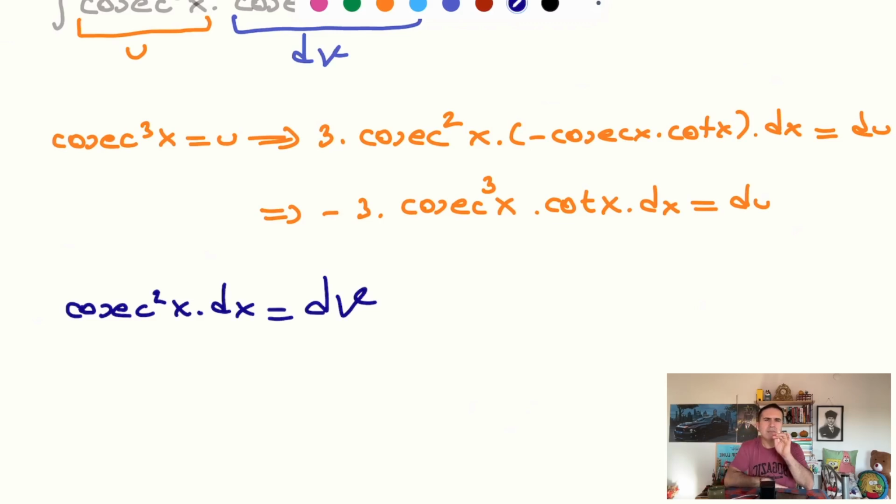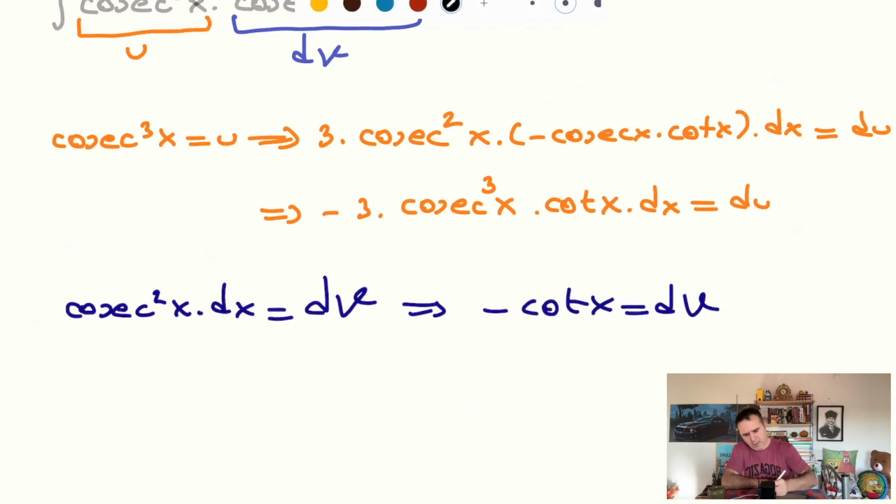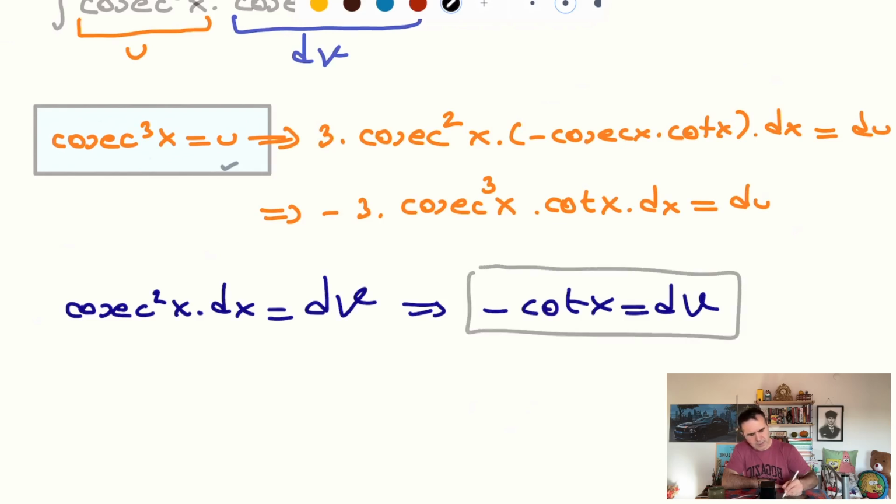Now, since the derivative of cotangent x is minus cosecant square of x, here we have minus cotangent x equals v. And let's take this and take this.